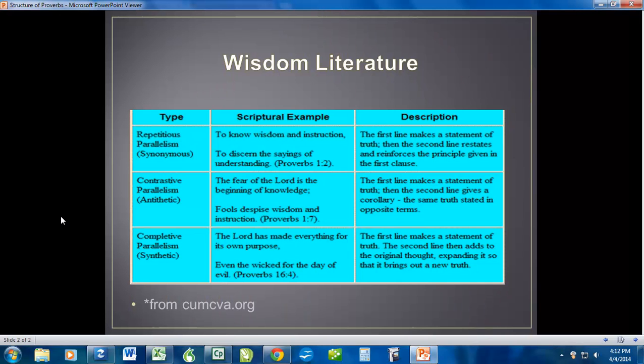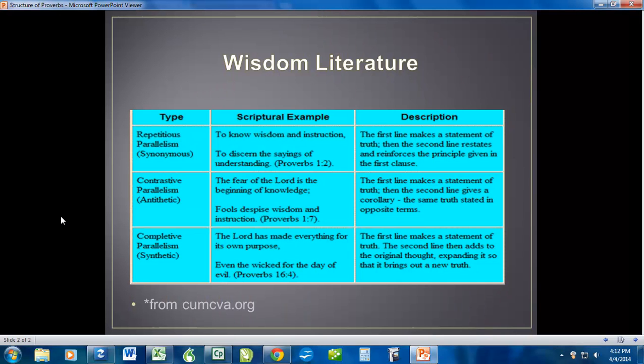Alright, second one is antithetic. So this is when the second line is, I don't want to say opposite, but when it gives a kind of contrasting kind of thing. It's not fully opposite, but it is kind of a contrasting kind of thing. And so we'll read their example and kind of work through it.